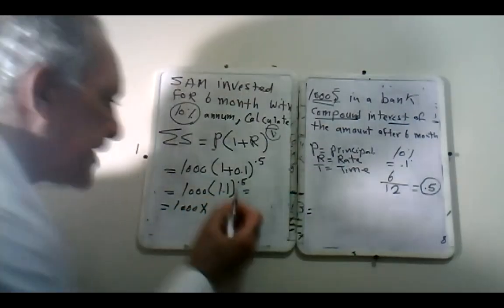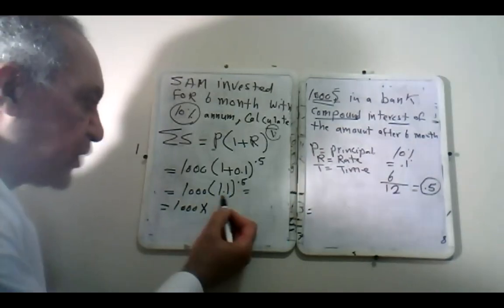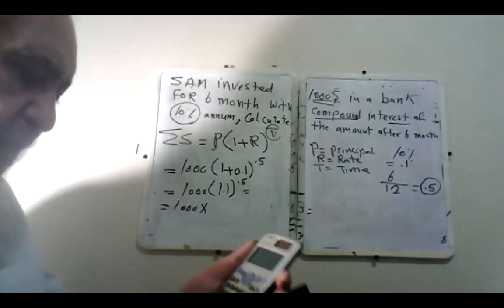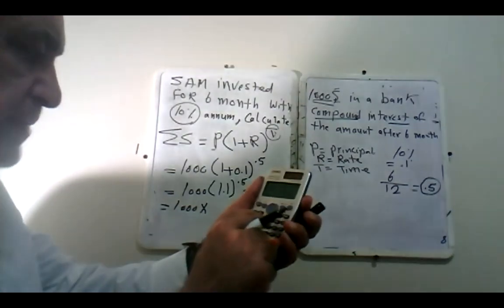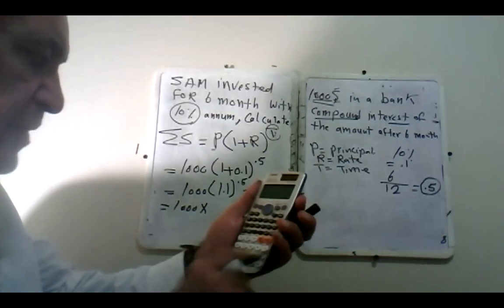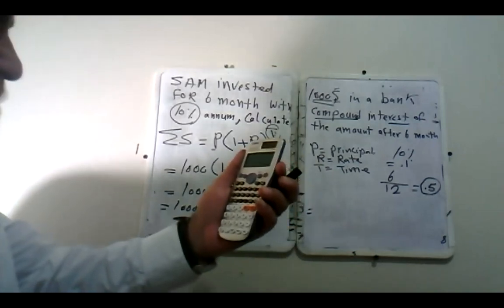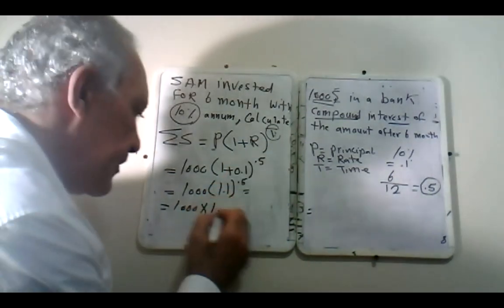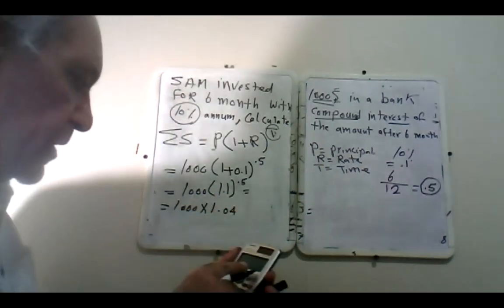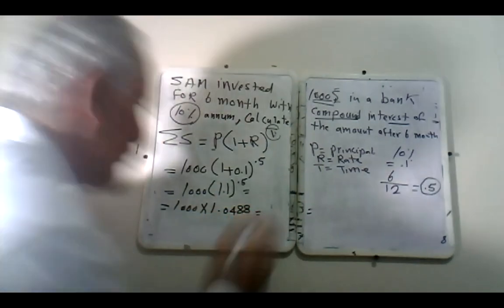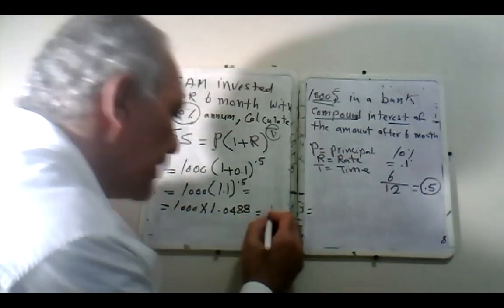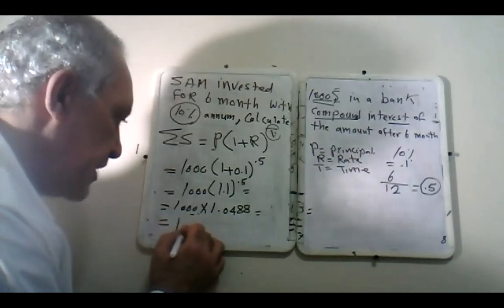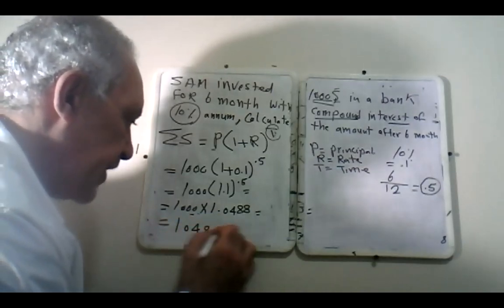Now what I will do is get the amount, 1.1 to the power 0.5. So 1.1, xn, 0.5, equals 1.0488. Then when I multiply it by 1,000, this will equal $1,048.8.